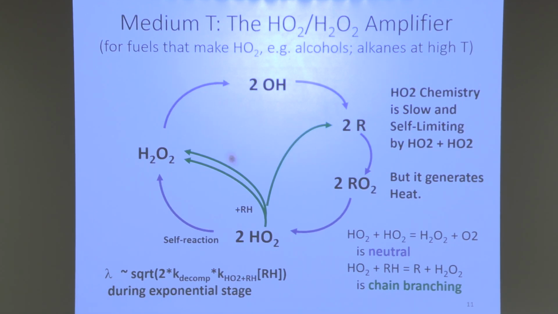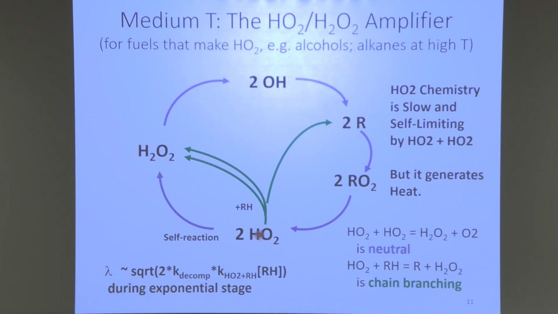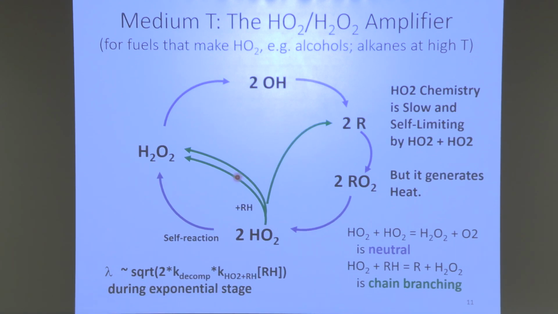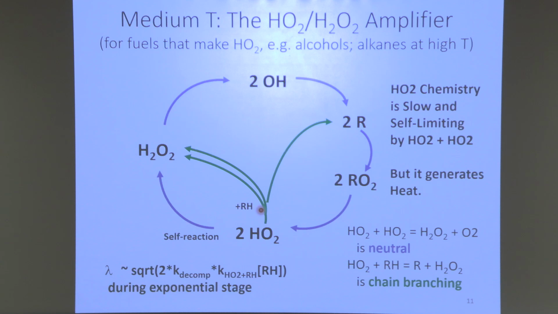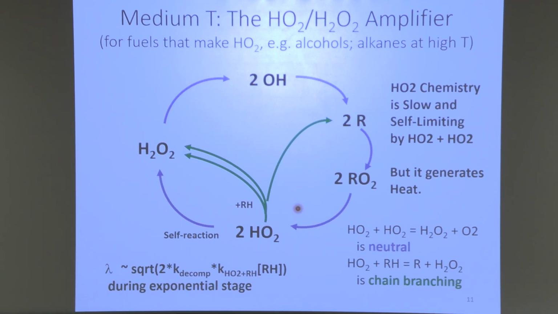So it's kind of slow. So mostly it wants to just recombine. But if you're warm enough, some of them will go this way. And that leads to the amplification. And then as it goes, each time you do that, you're oxidizing a fuel molecule, so you get more heat. So then the next time around, it's faster because it's hotter. And it gets faster and faster and faster and explodes.